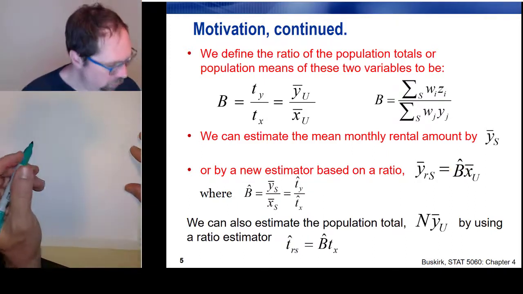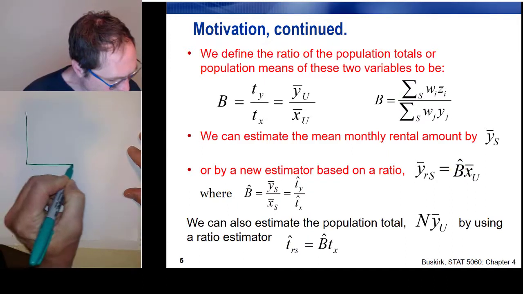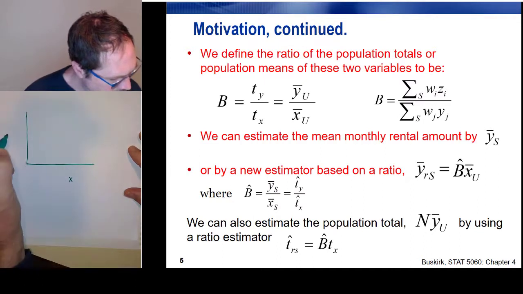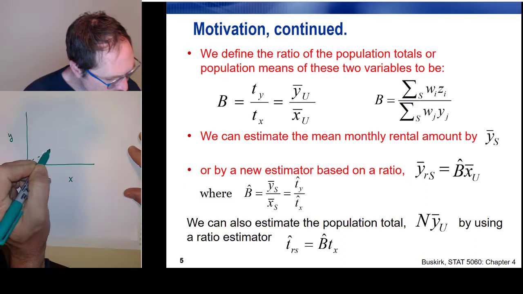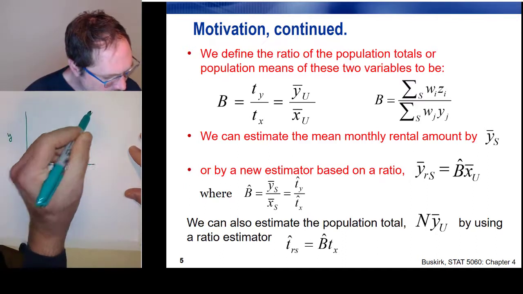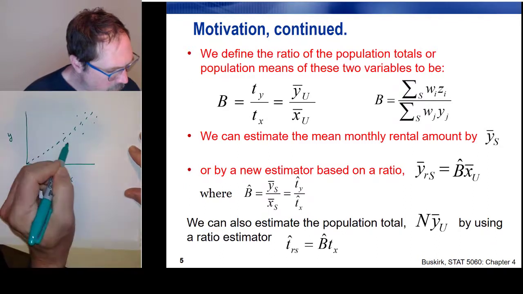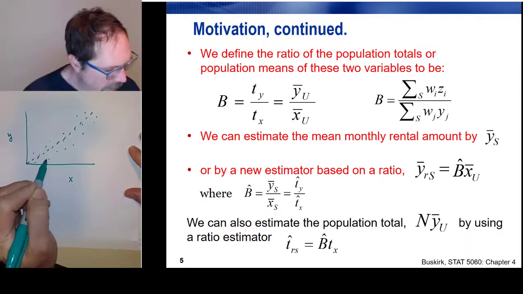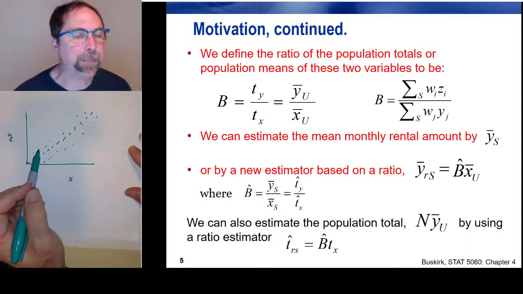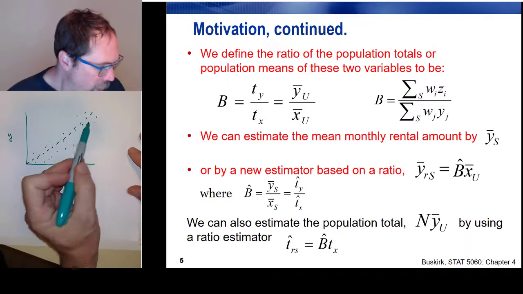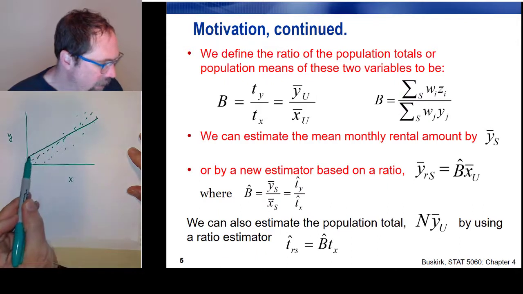So let's assume that you have this set up, your population. Here's the x variable, here's your y variable, and you do have this relationship, positive correlation between x bar U and y bar U. And you take a sample and you use that sample to estimate this line, you might get something that looks like that.